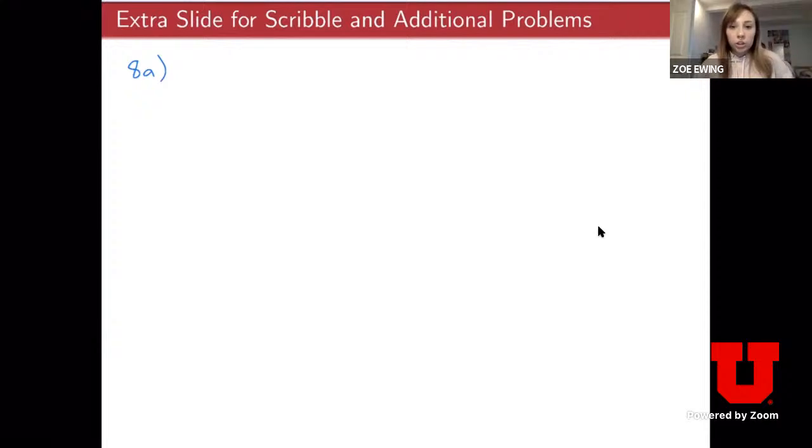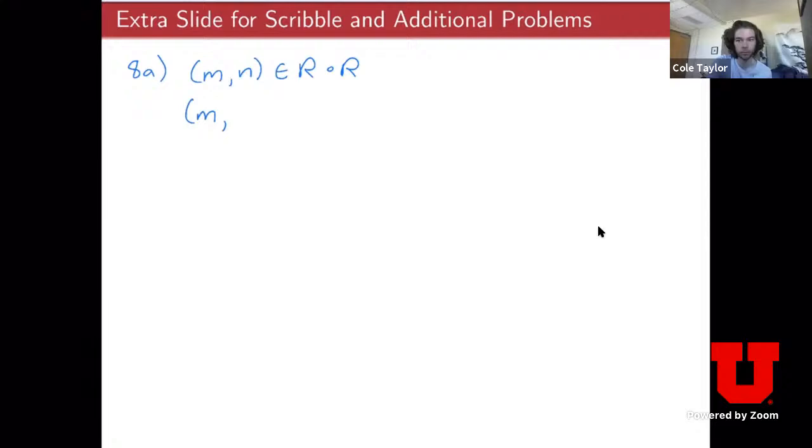So let's start by letting some (M, N) be in the composition of R. All right, so what does this mean about R? What can we say M is related to in R?